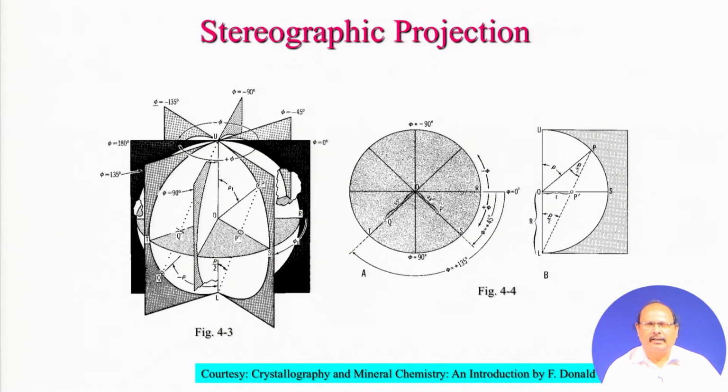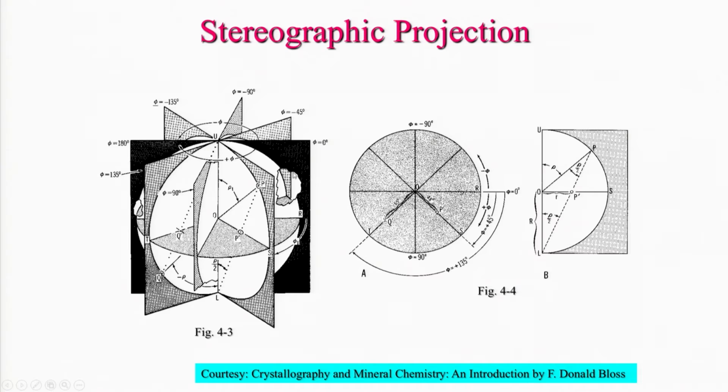So, let us have an understanding with respect to this diagram. In this diagram, there are different positions of a spherical projection or of a face pole here. Let us consider a face pole of position P. P lies within this vertical plane here.